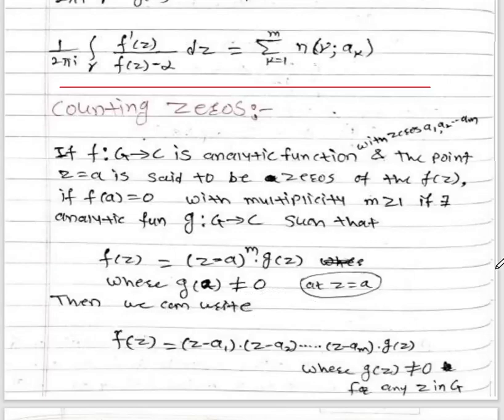Then this can be written as f of z equal to z minus a1, z minus a2, up to z minus am, times g of z, where g of z is not equal to 0 for any z in region G. So this definition is also exactly equal to an analytic function with multiplicity m. So this is the definition of the counting of zeros.